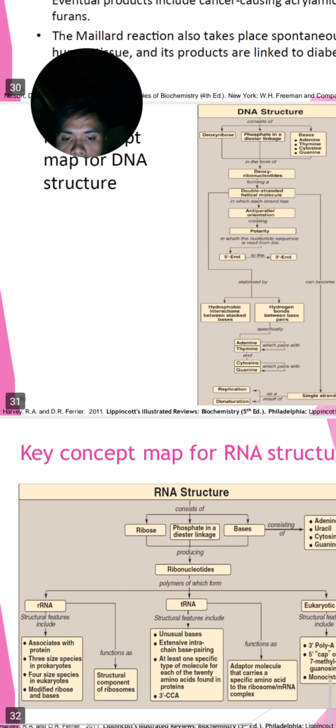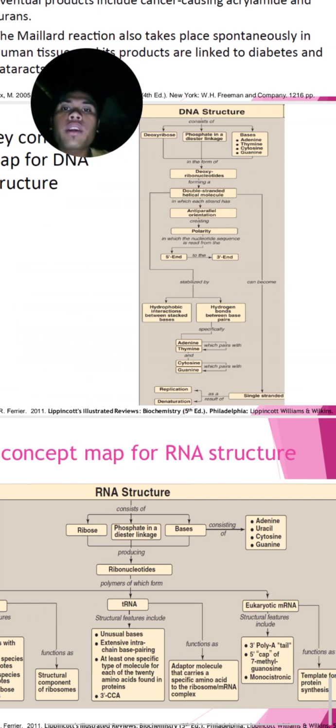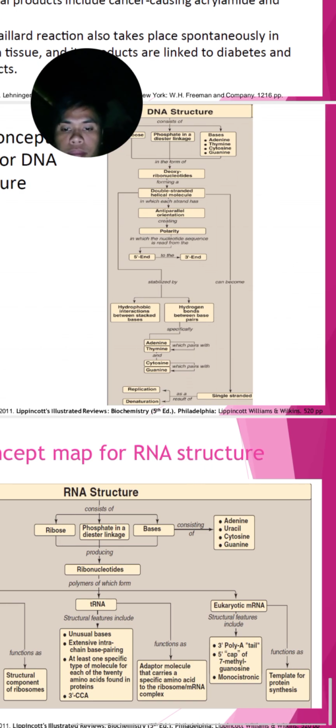The ribonucleotides can also form the eukaryotic mRNA. The mRNA's structural features include the poly-A tail, the 5' cap of 7-methylguanosine, and being monocistronic. It functions as a template for protein synthesis.